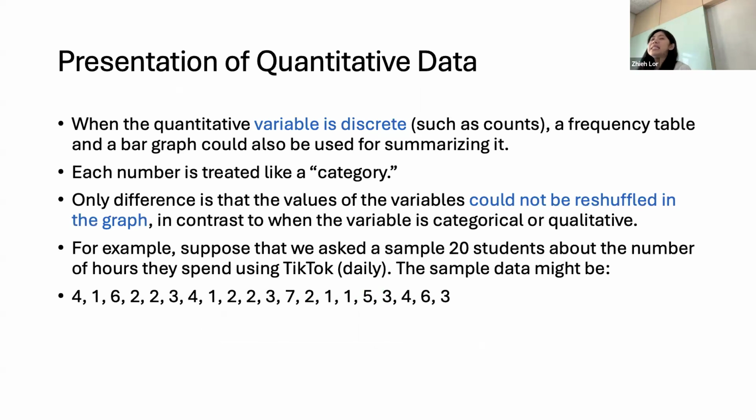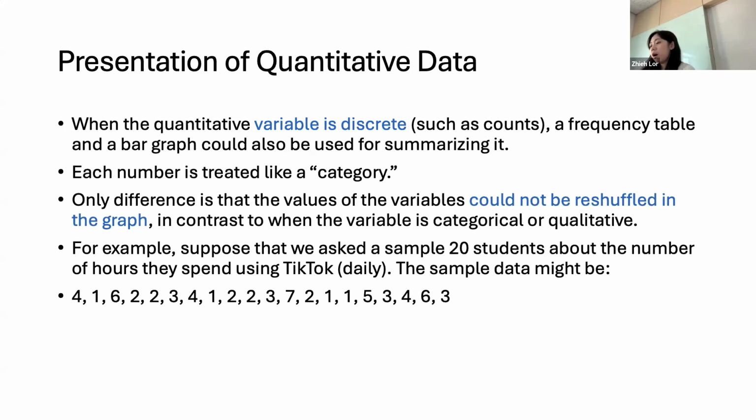Now, here comes our quantitative data, which is kind of like the continuous data. But sometimes, some quantitative data can also be presented by using the bar graph. Okay, why? Because when we're trying to measure it, your data can be discrete data, such as counts. So your frequency table as well as a bar graph could be used for this when you're summarizing, and each number here is treated as a category.